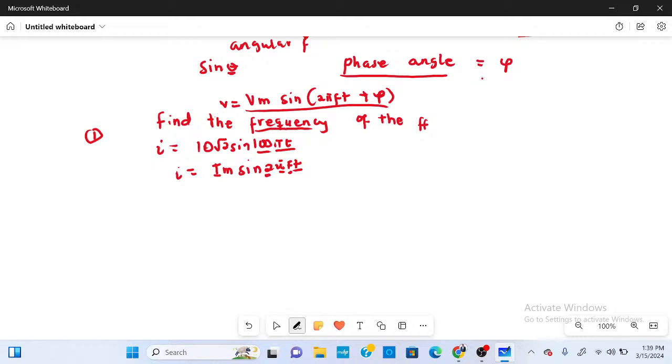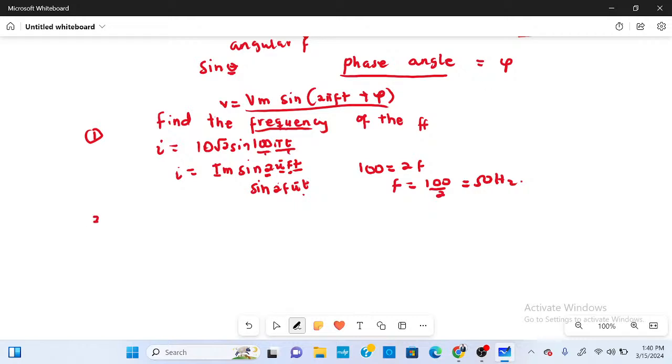Let me rearrange this: sine 2f pi t. You can see that the pi t is here, but 100 will be equal to 2f. So you write 100 is equal to 2 times f. Therefore f, which is the frequency, is equal to 100 over 2, and that is equal to 50 hertz. So this is how you find your frequency, 50 hertz.